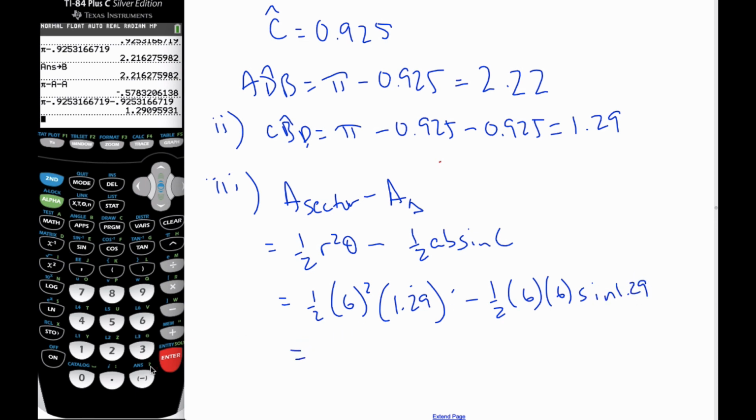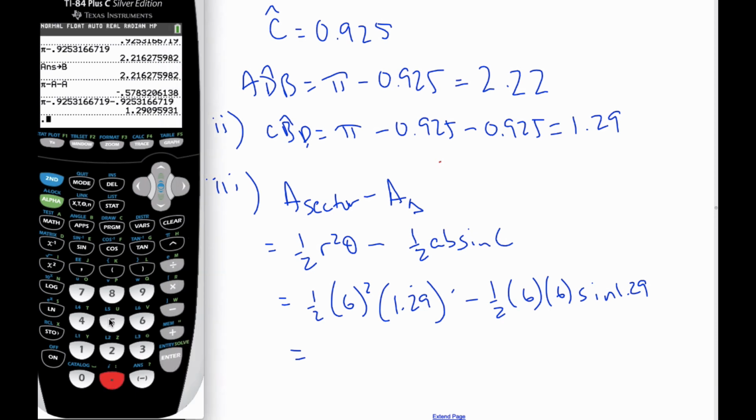If we do this all together, go to my calculator, 0.5 times 36 times, let's go back and use the actual value.